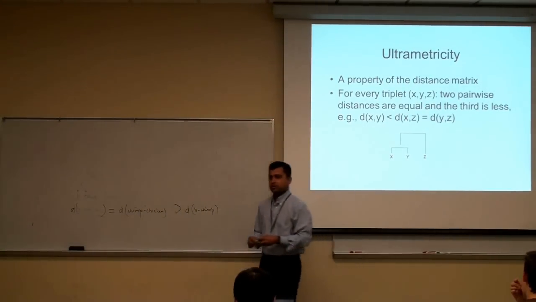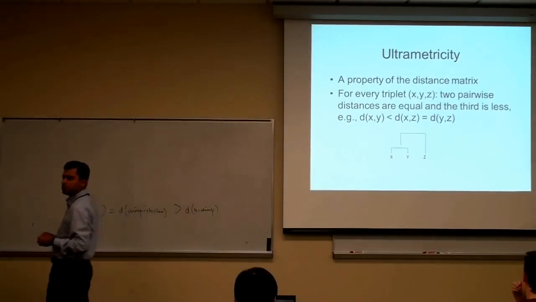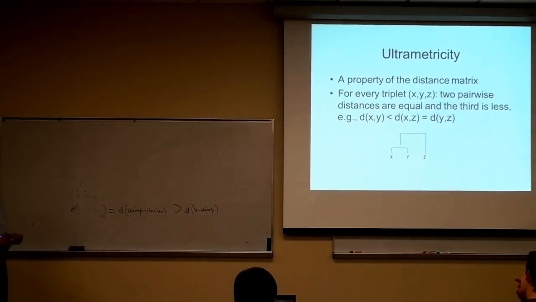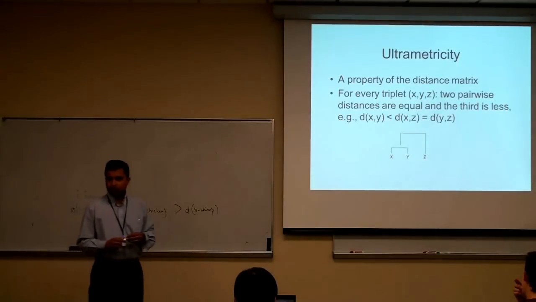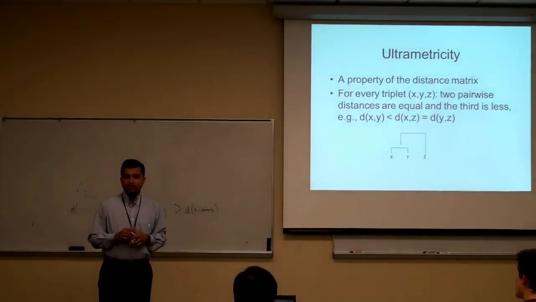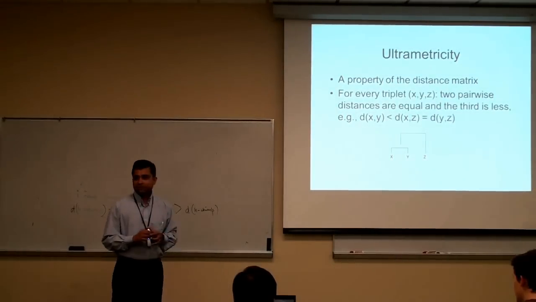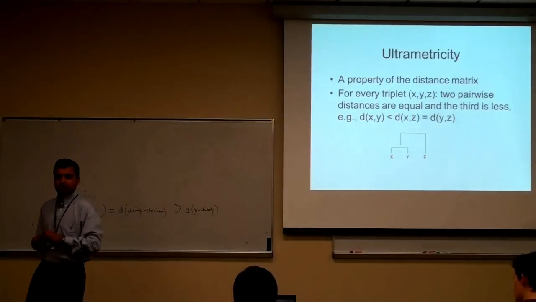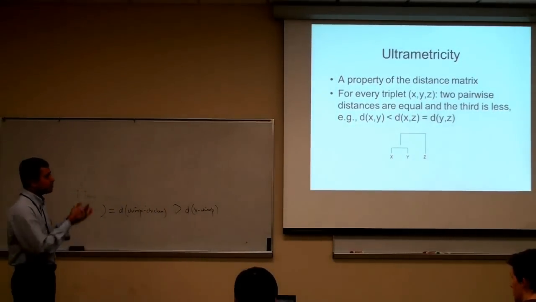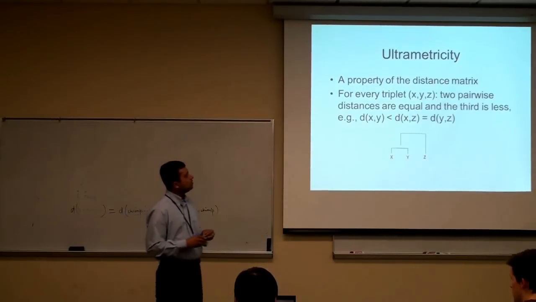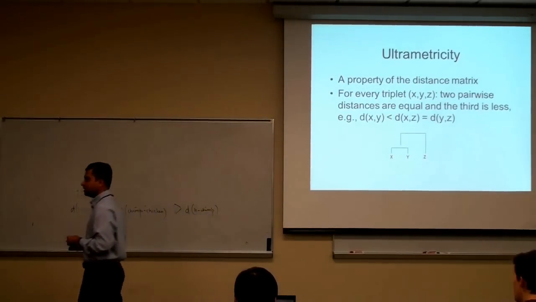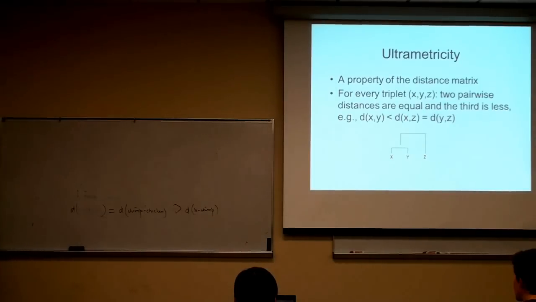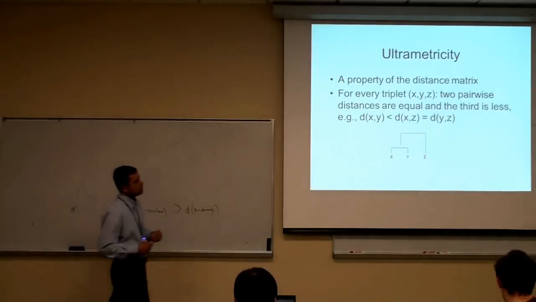That's what's shown here. If this holds true for every triplet of species, as per the distance matrix that you're given, if it satisfies this property, you say that it's an ultrametric distance. Okay? And you can see the intuition here.